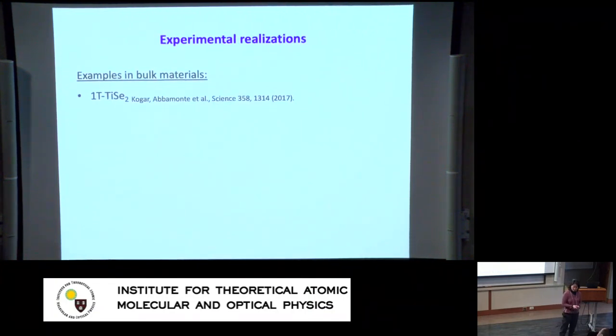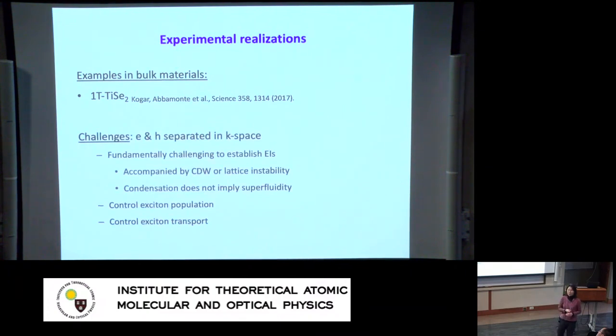So there have been some experimental realizations of excitonic insulator. One example is this T-phase titanium selenide from Urbana, in which they saw spectroscopic signature of excitonic insulator. But fundamentally, there are some serious challenges to establish excitonic insulator, especially in three-dimensional bulk materials. And the reason is because electron and hole in those materials are often separated in K-space.